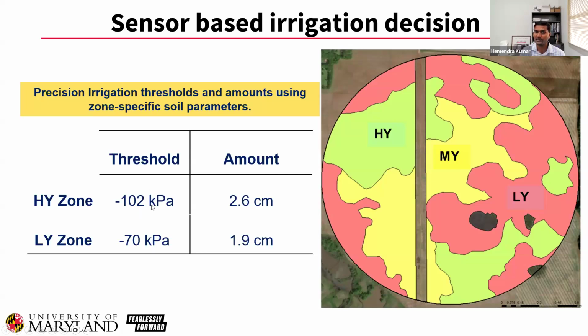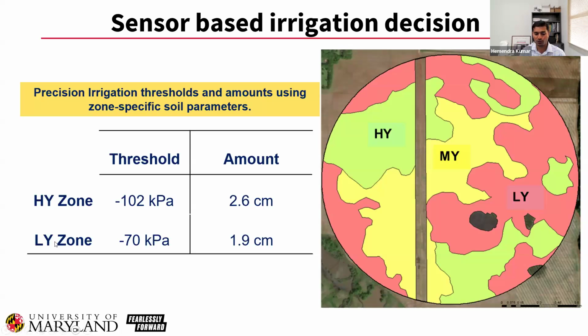Based on the data that we collected, in terms of the soil cores analyzed in the lab and the sensor data, we found that 102 kilopascal of the soil sensor reading would be the point to start irrigation. How much? Based on that, in the high yield zone, which is HY, it will be 2.6 centimeters.